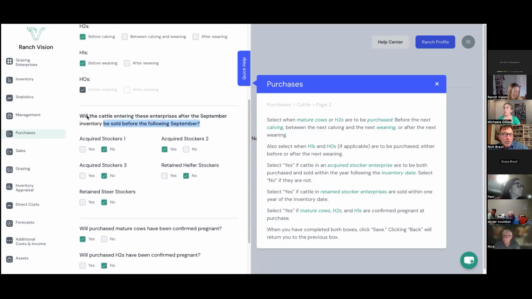And then also this next group of questions is asking, when you tell us that you're selling these animals at a certain time, a certain month, we need to know if that's this year or the following year. So that's what this question pertains to. Are these animals going to be held into the next year? Are they going to be sold within this current year?